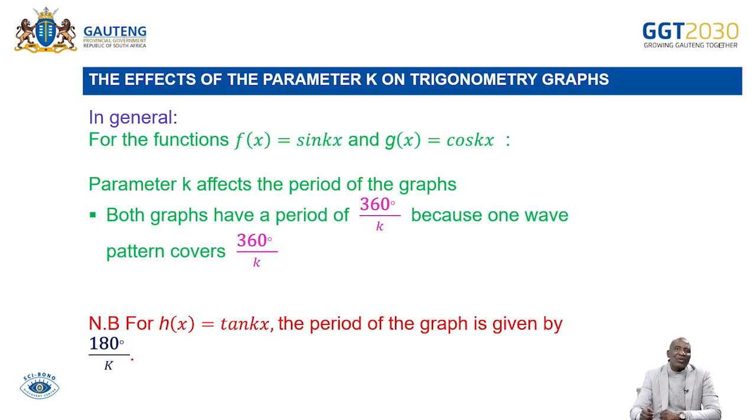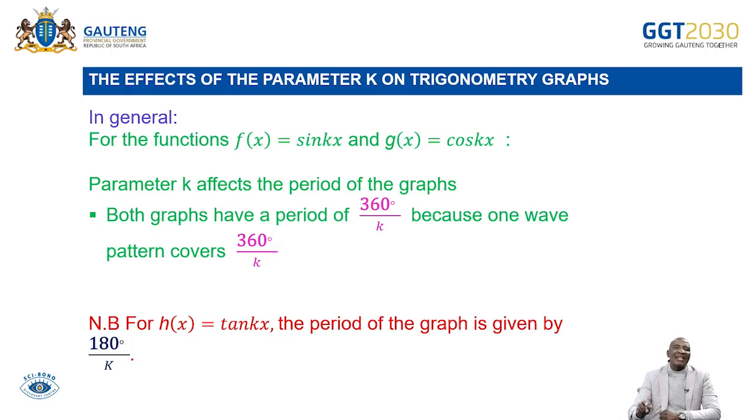So in general, what am I saying? For the functions f of x equals sine of kx and g of x equals cos of kx, we know our periods are both 360. Whatever parameter you introduce, you divide 360 by k, then you'll know your new period. If k is 2, your new period will be 180.